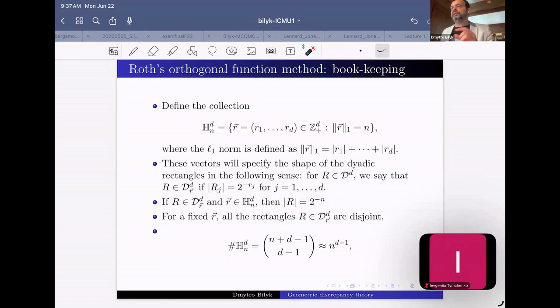That means you can choose each side in roughly n different ways, but then your last side will be fixed. Basically, you had d degrees of freedom, you're in d dimensions, but now this condition killed 1 degree of freedom. So the number of degrees of freedom is d minus 1. Okay. So that somewhat explains why d minus 1 comes in very naturally in these problems.